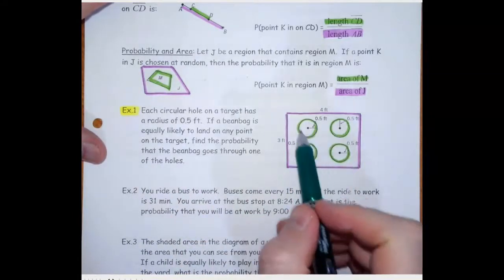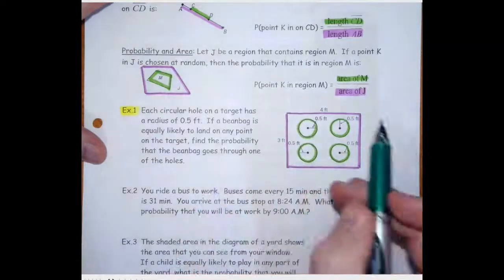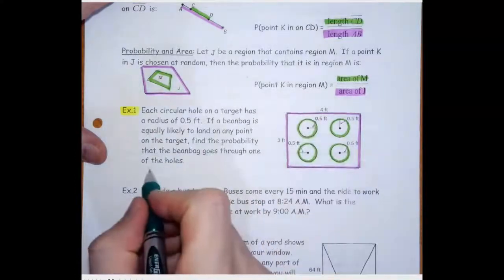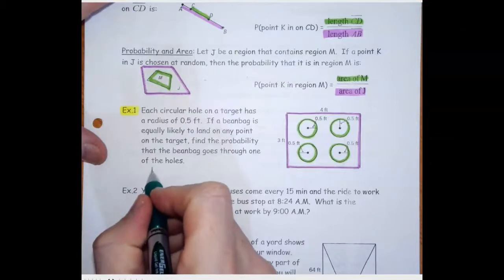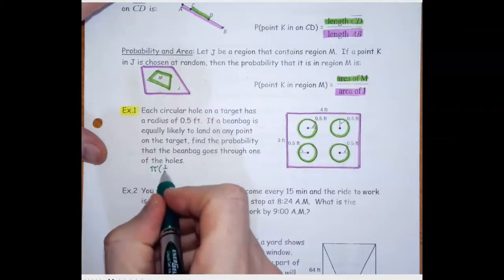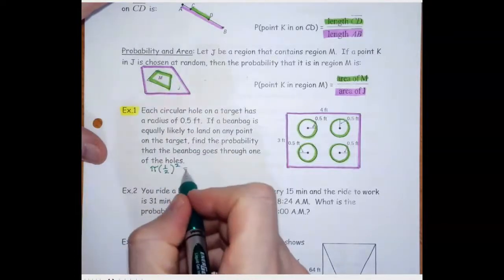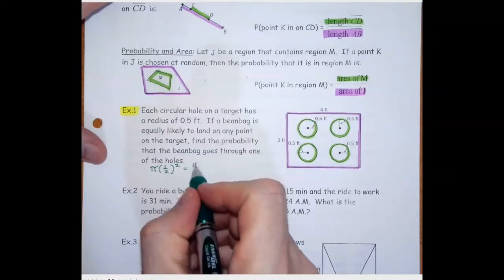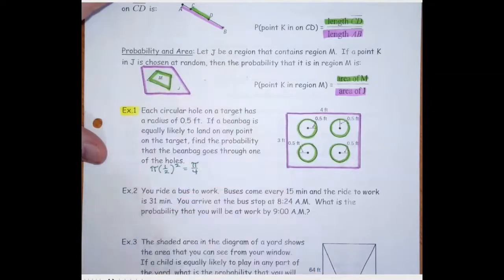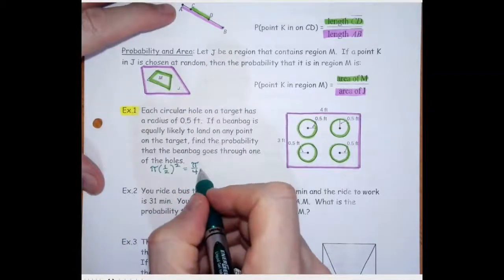So we want the area of the hole. First of all, let's find the area of one of them. The area of a circle is pi r squared. So that's going to be 1/4. So that's going to be pi over 4 is the area, feet squared, of one of those circles.